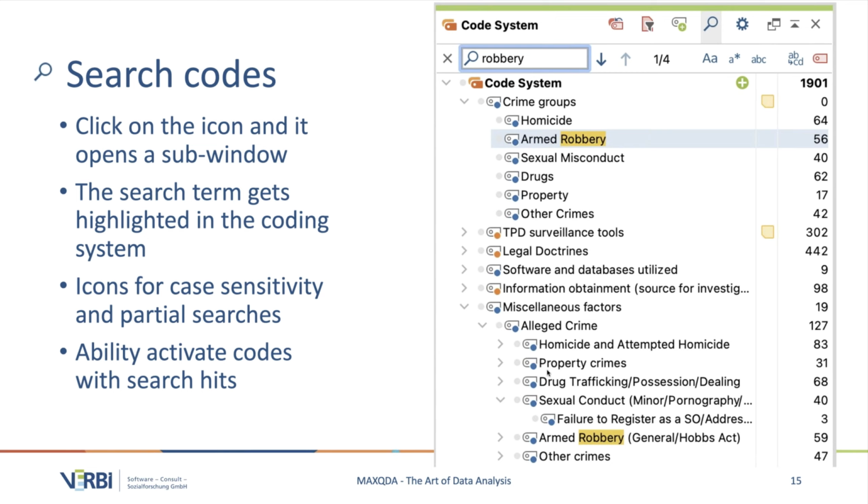Hang on a second. The search code lets you, when you click on it, open up this submenu. You can type in whatever word you want, and any examples of that word will get highlighted.